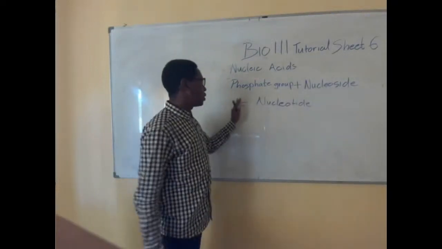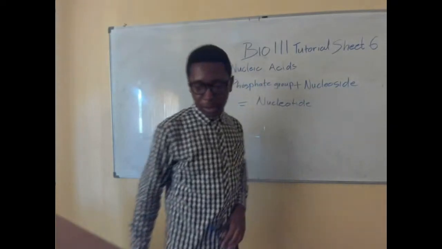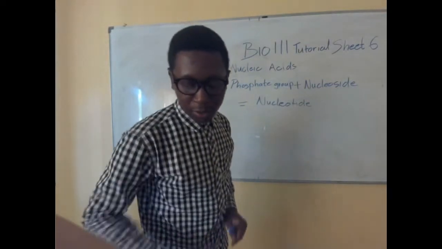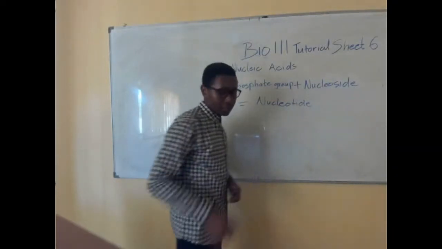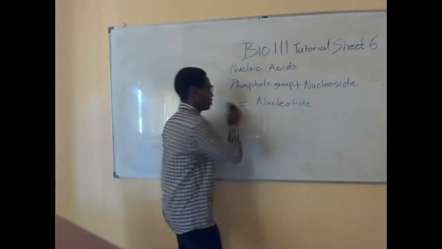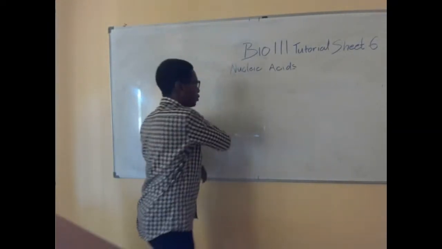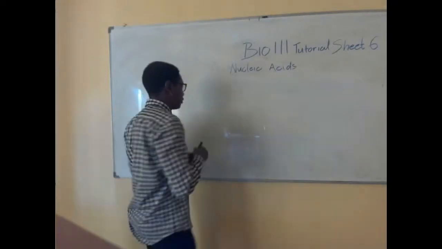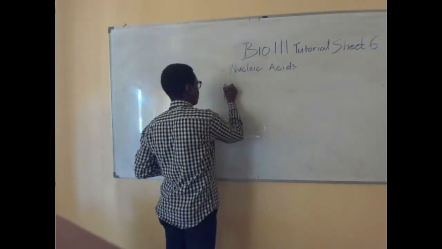Okay, so now we are going to illustrate how a phosphate group can be condensed to a nucleoside to form a nucleotide. Okay, so we're going to illustrate how this happens. So the phosphate group that is involved is the phosphoric acid, which is simply a phosphate.